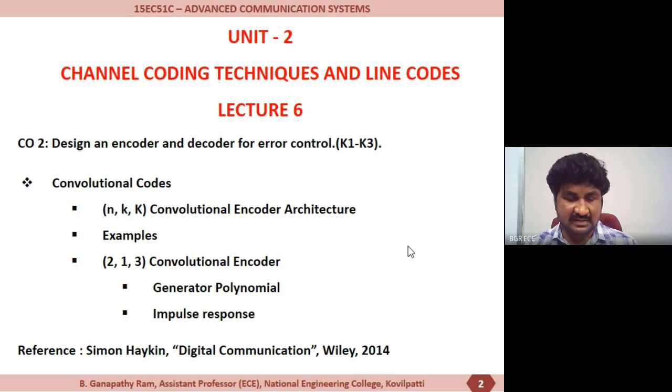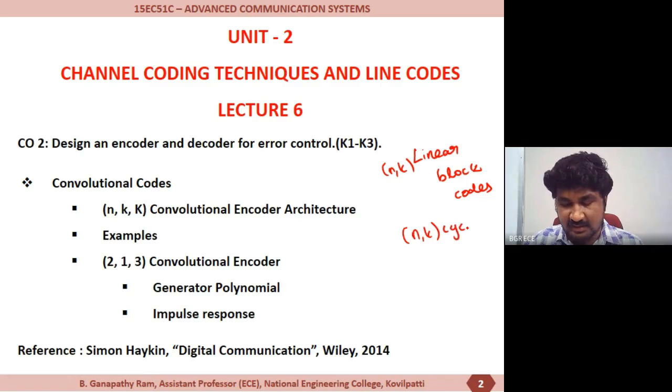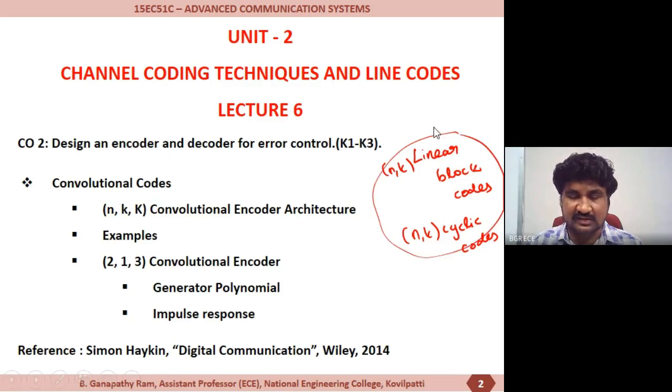In the previous session, we have discussed the different types of block codes, such as linear block code, (n, k) linear block code, and (n, k) cyclic codes. And all these codes are used in second generation wireless communication systems.